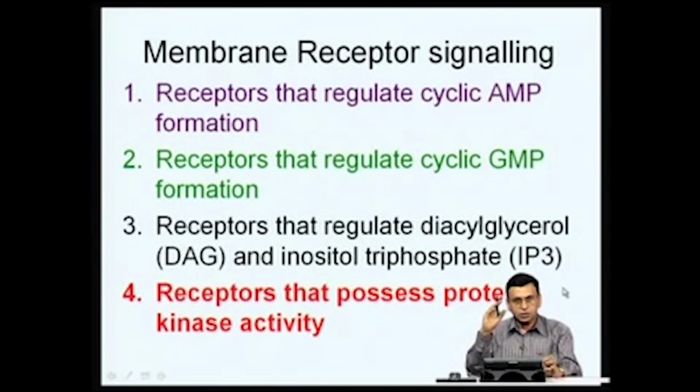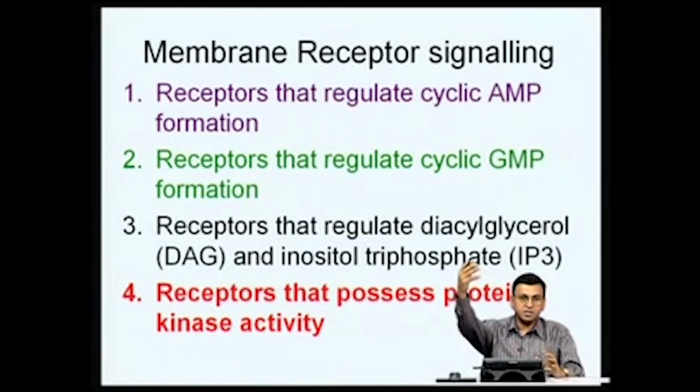So, what we have discussed so far in the last three classes is how genes which are present inside the nucleus have their expression regulated by molecules which are present outside.